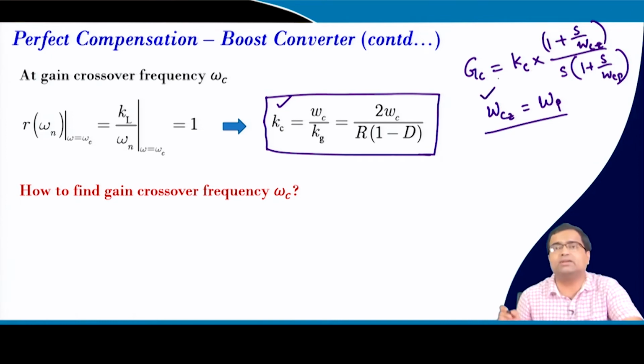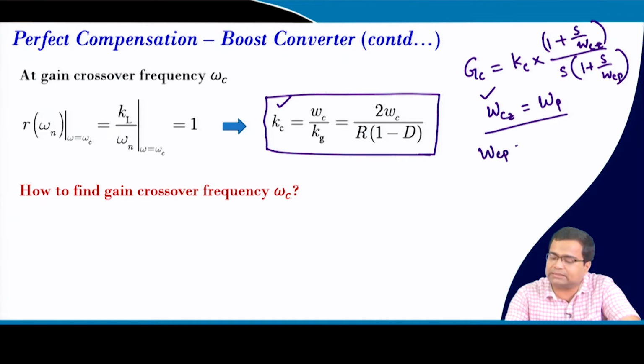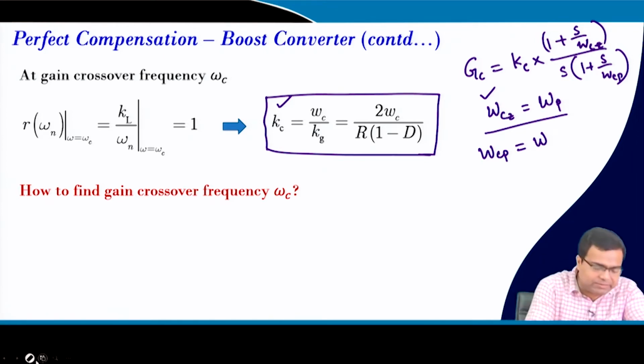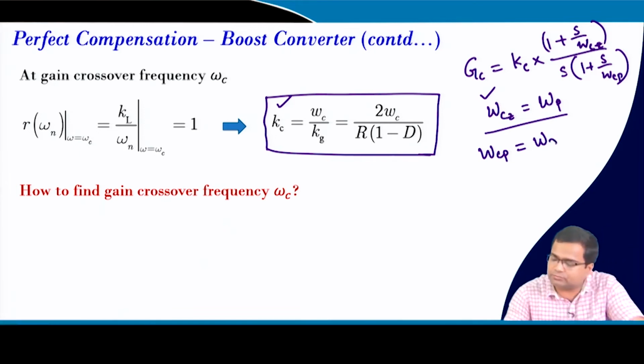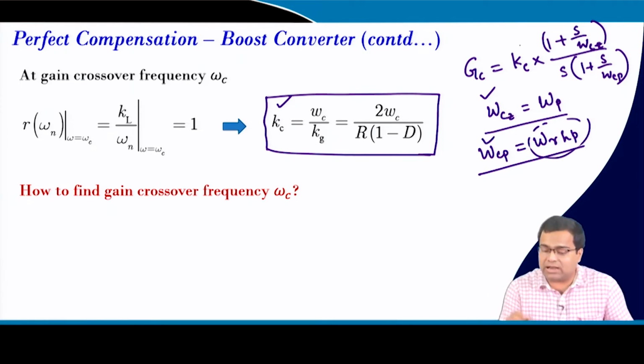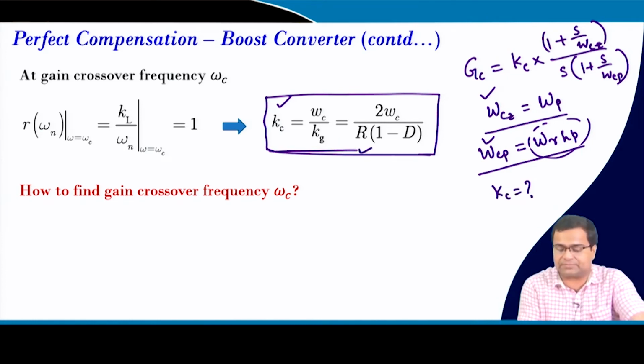So, this is already well known because we have cancelled. What is omega Cp? This is kept the same as the RHP zero. So, we know the expression of the RHP zero, so this is also known. These two are known, and the only unknown is Kc, which can be obtained from this expression.